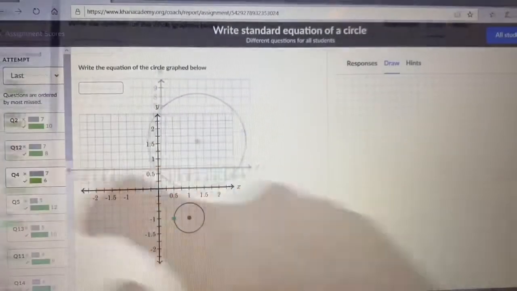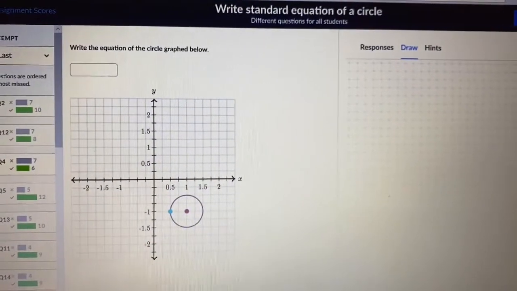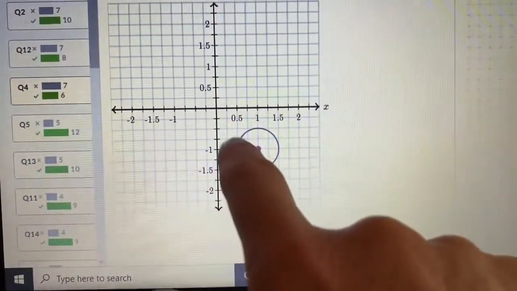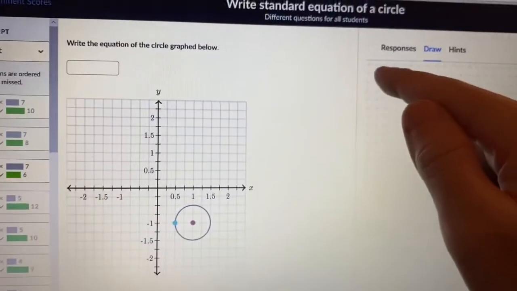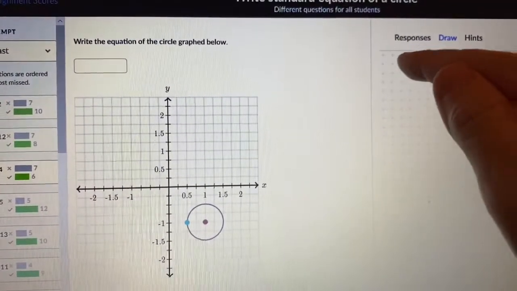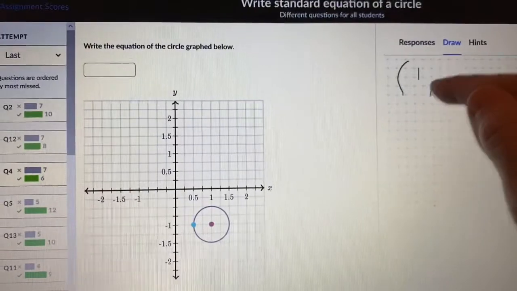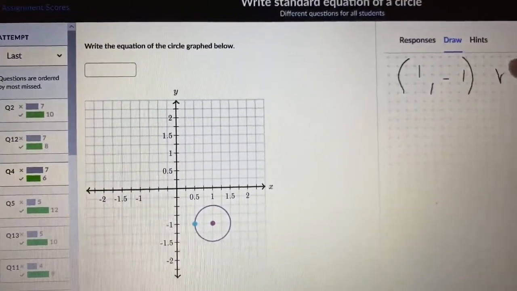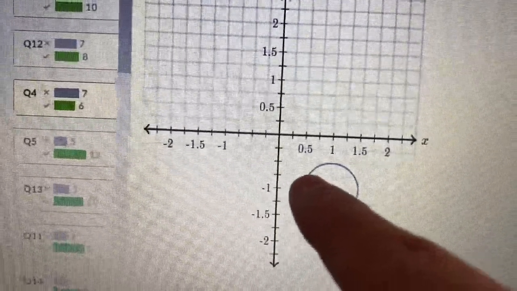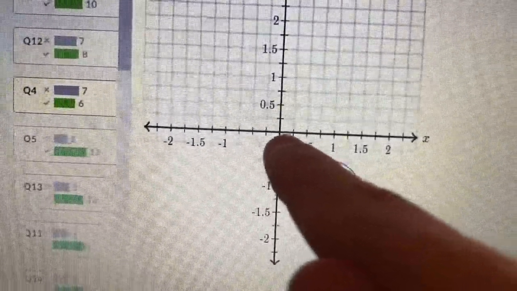Keep going. And notice on this one, it's a little easier in that you can count. The radius is 2 boxes, but we've got to be careful with the scale. But hopefully you can easily pick out that the center is at 1, -1. Now be careful on the radius, it's 2 blocks. But what does each block stand for? Well, each block is 0.25.